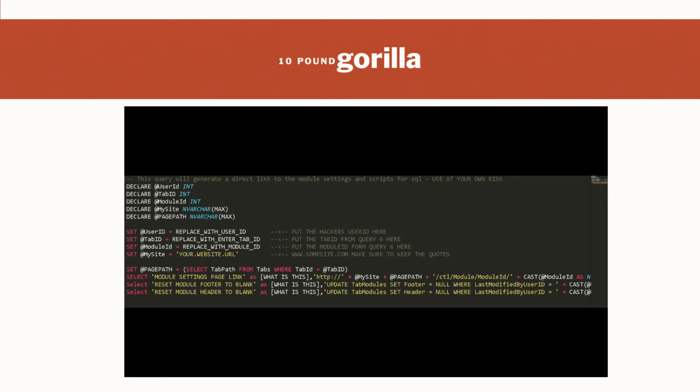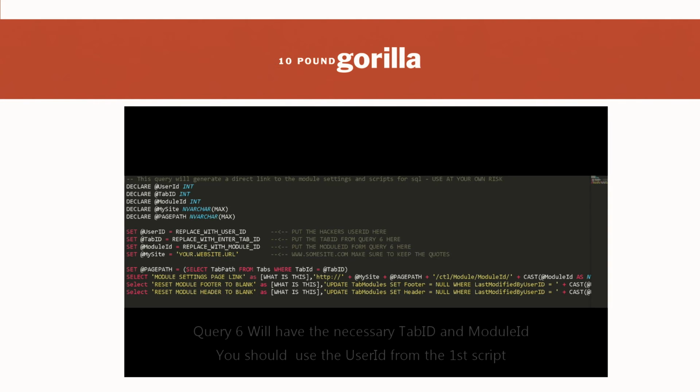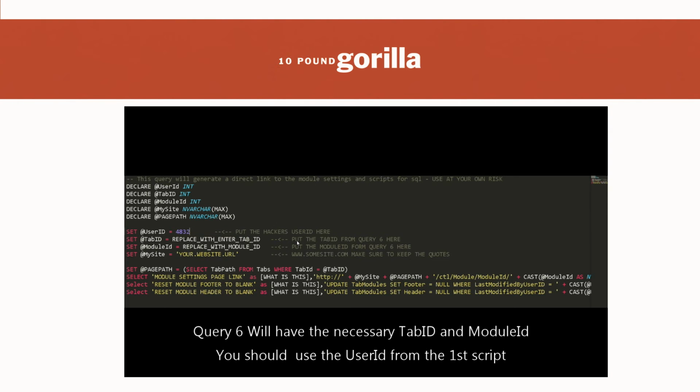So this is what the script will look like. You may just open it in Notepad or any text editor. I'm using Sublime Text, so it has some nice features for syntax highlighting. What we're going to do is put the information that we know in. So in this case, we know that the user ID was 4832, the tab ID was 1137, so we select all that, and the module ID was 1722.